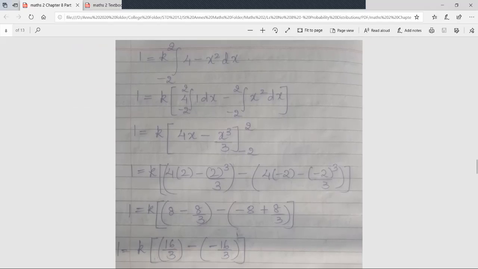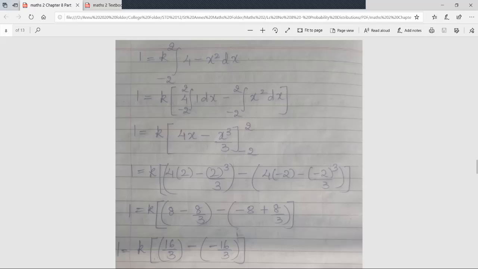So k, we'll open a big bracket, minus 2 to 2, again 4 is a constant, so we'll remove it in front of the integration sign, 1 dx minus integral minus 2 to 2 of x square dx. So integration of 1 is x, which gives you 4x, and integration of x square is x cube upon 3. Once the integration sign goes off, the integral gets transferred to the right hand side.